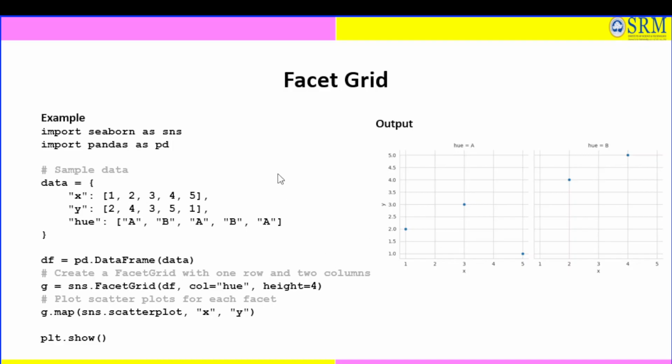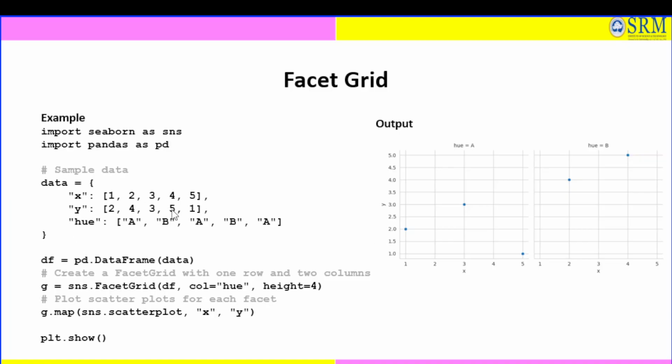And this is the facet grid. First we have to import the required libraries called Seaborn and Pandas. Here Pandas has been used in order to create a data frame for this facet grid. If you feed in the data as a data frame, it will be an easier approach to view our data.